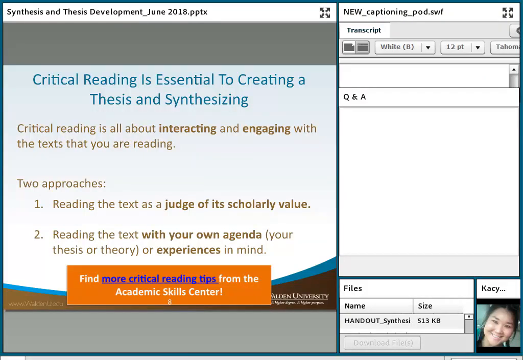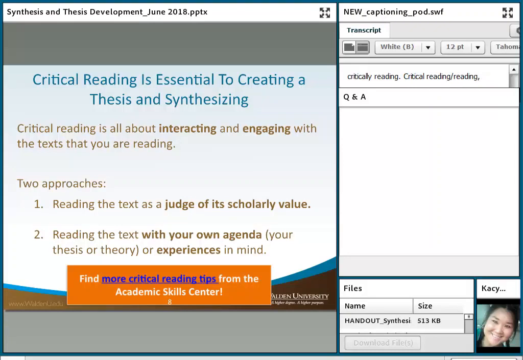So critical reading is all about interacting and engaging with the text that you're reading. So rather than just skimming over the words, or if you're ever like me and you're really tired and all of a sudden you find you're at the bottom of a page of reading and realize you've no idea what you've read up to that point, you're not critically reading.